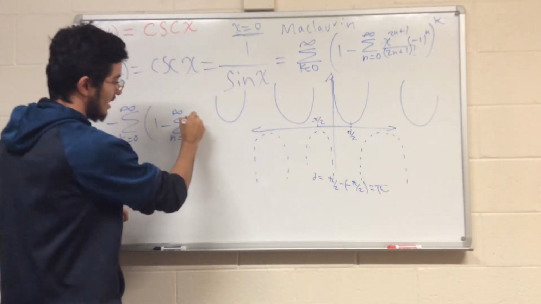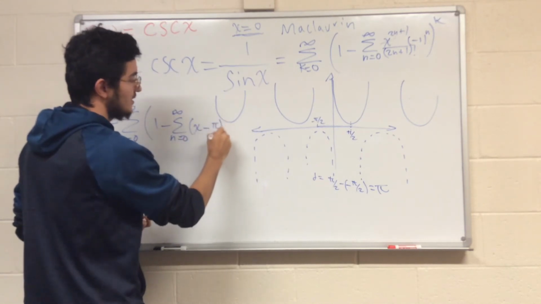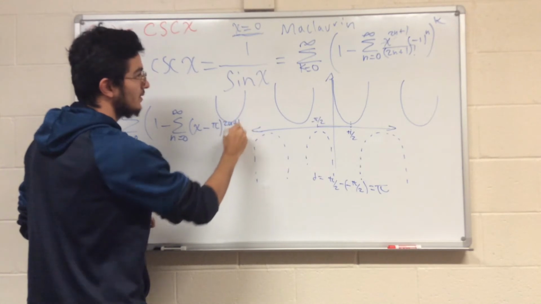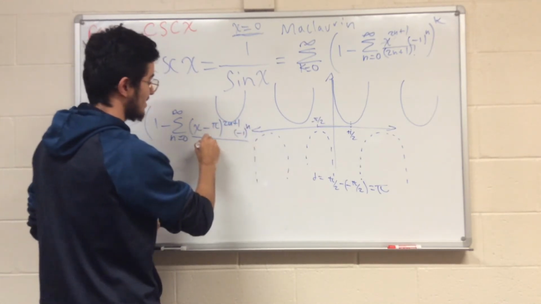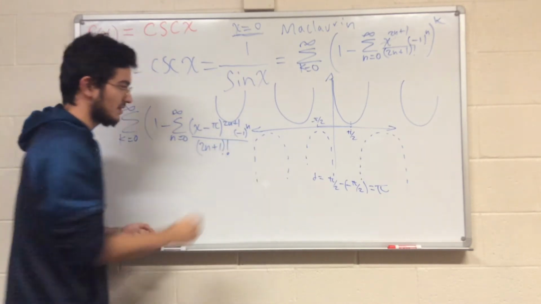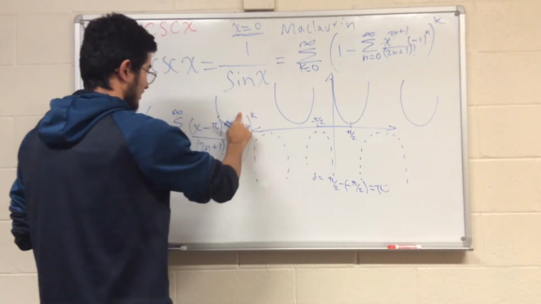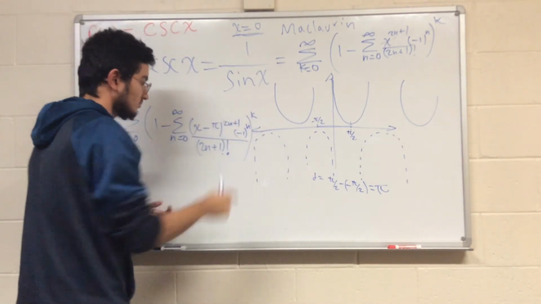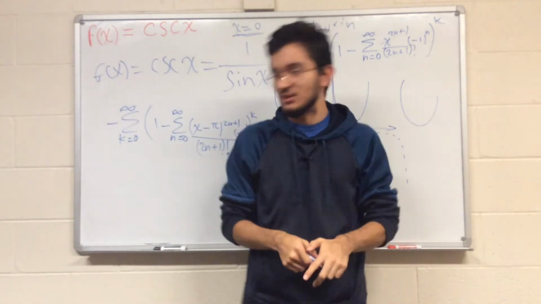So we're going to have to make a transformation in x, so it's x minus pi to the power of 2n plus 1 times negative 1 to the n, and then all of that divided by 2n plus 1 factorial, and all of this is raised to the power of k. So this accounts for the lower portion of the function, cosecant of x.